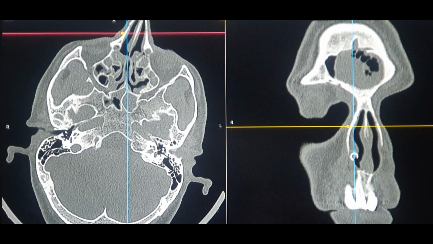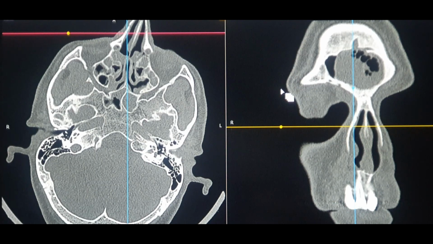This is extending up till here, so this has to be the frontonasal process of the maxilla, which is actually lateral and inferior to the nasal bone. The nasal bone is in the upper aspect, and as you keep going behind and inferiorly, you can start seeing the frontonasal process of the maxilla over here. The same thing you can see over here, and this is the first important thing.